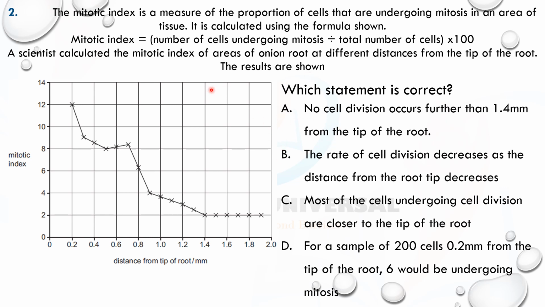Let's go. Remember, guys, that this is the root tip. If this is the root, this is the tip, maybe very tender, and then from here you have all those root hair cells.